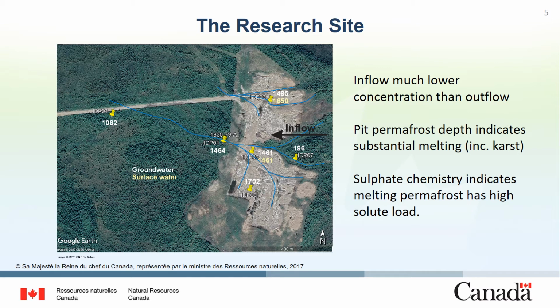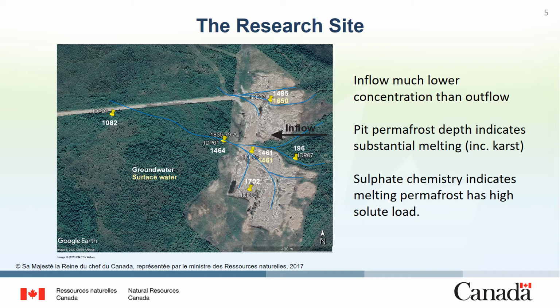So what you see there is clearly that in the pit itself there's a very, very large increase in sulfate associated with the pit waters in comparison to the inflow waters, and that continues all the way down to the outflow around IDP 04 on the left.